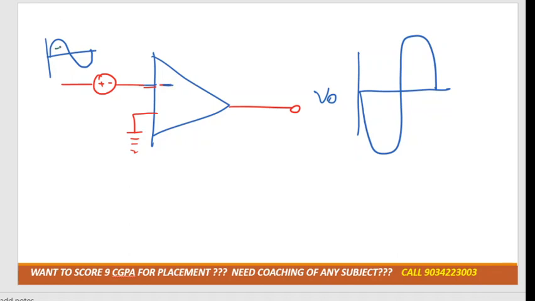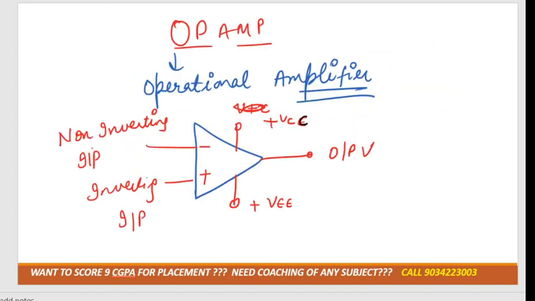Understood? In the input, first there is a positive half, then the cycle changes, then negative. But on the output side, as we connected the input to the negative terminal, it is inverting. Sorry, I wrote it down opposite. The negative one is the inverting and the positive one is the non-inverting.